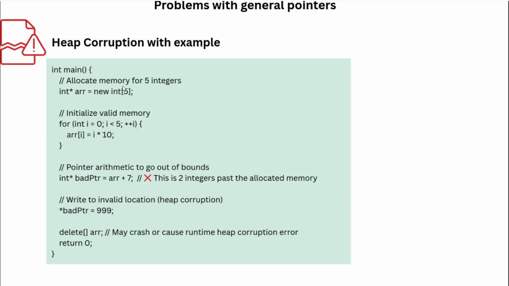I have only 5 elements, but I did arr plus 7, so this bad pointer points to something outside of the array. We don't know who is holding that memory. If we try to access it, delete it, or copy some data to this bad pointer, you will get a crash. So these are the problems of heap corruption.